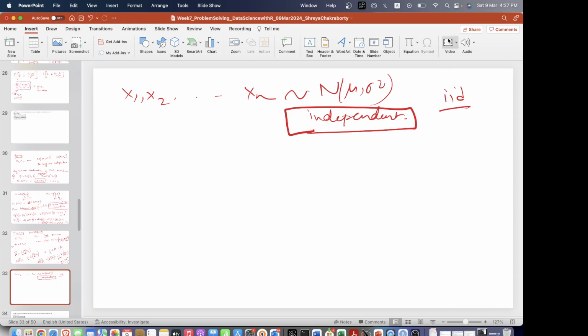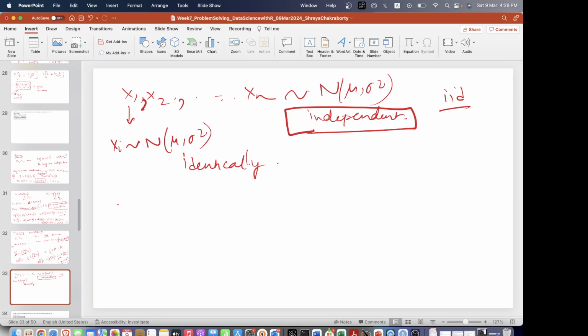Each of these xi's is from the same distribution, so they are identically distributed. And I am saying that these are independent samples. Whatever value of x2 is coming is not dependent on the value of xn.